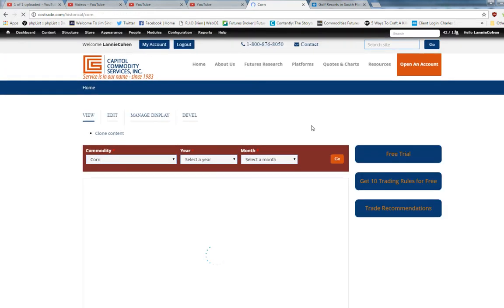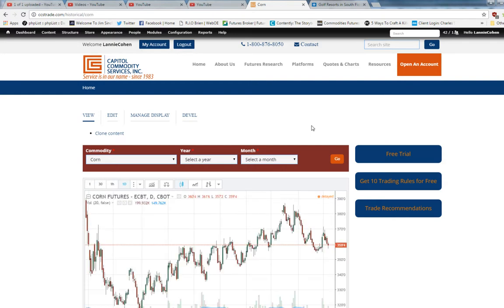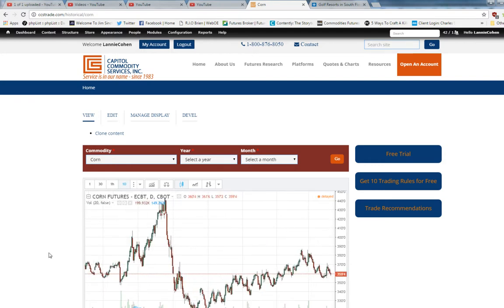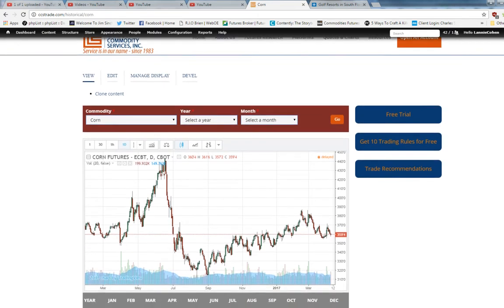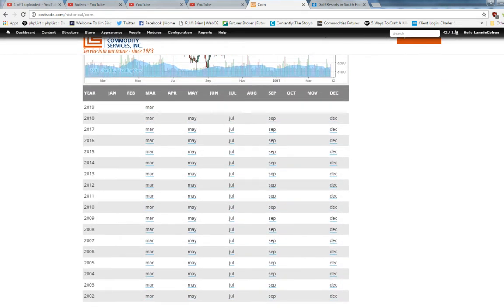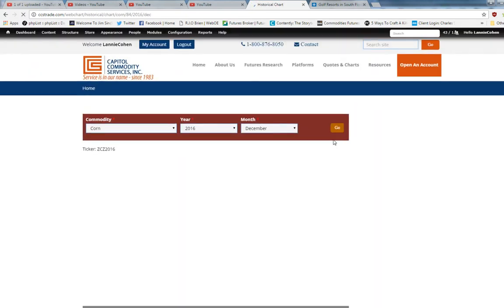And so what are your options here? Let's just take a look. This is a current corn chart, but let's take a look at last year's, just for an example. So it's pretty neat. We have every year on here that you could go back and study to see what happened, but let's just look at December corn for 2016 and what our options were.